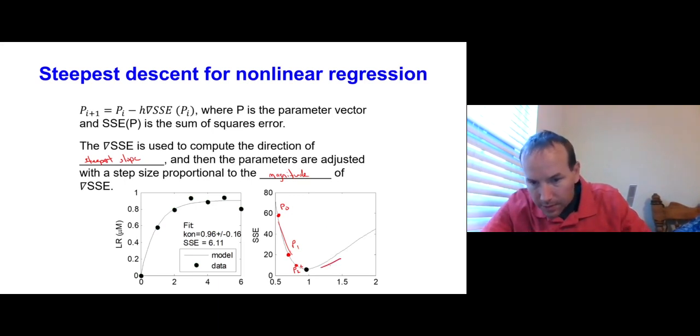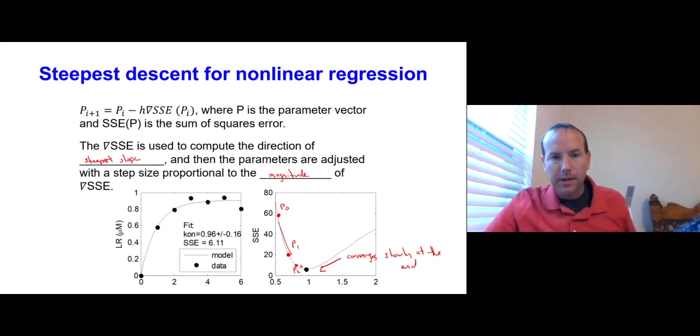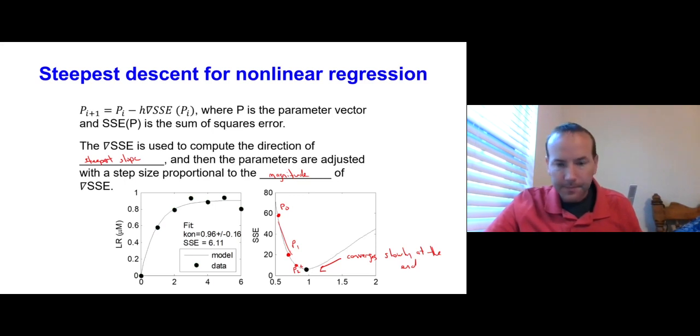So it's noted that it converges slowly at the end. This is the same exact phenomenon that we discussed when we were using steepest descent for optimization.